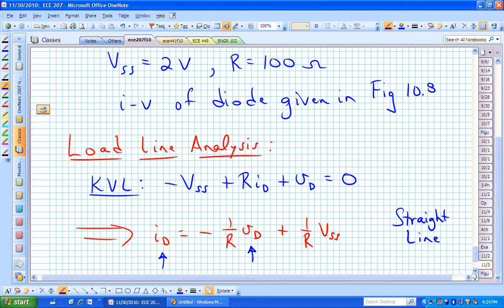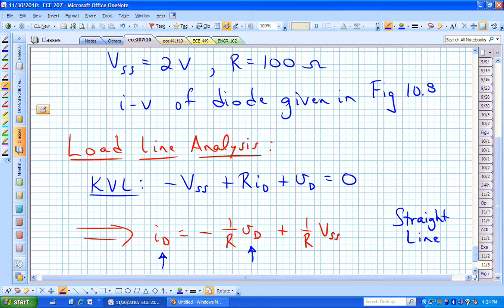The slope is negative, and we have a positive y-intercept. And if you think in those terms, that's now this line going from left to right, maybe from higher to lower, and hopefully that will now intersect this exponentially growing current voltage curve on our diode plot, on that characteristic.